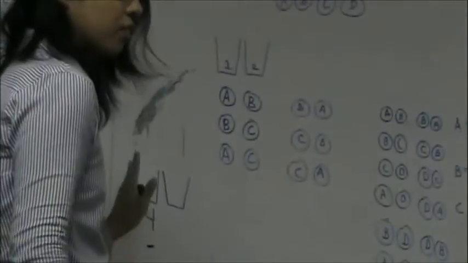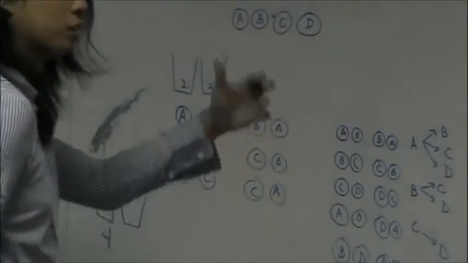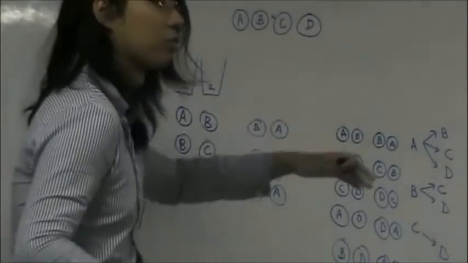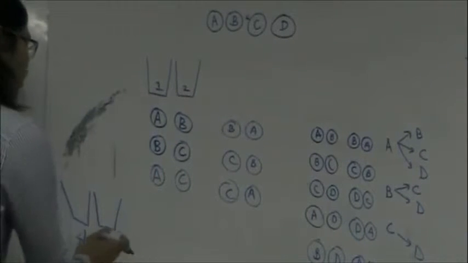But once one of them lands on the first glass, you already remove one possibility from the 4. So now there's only 3 of them.